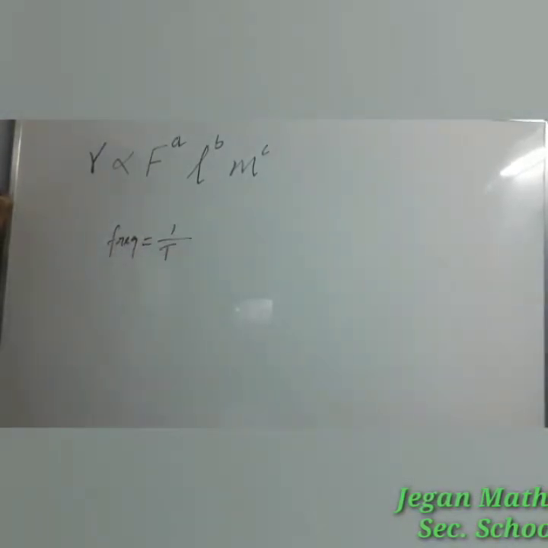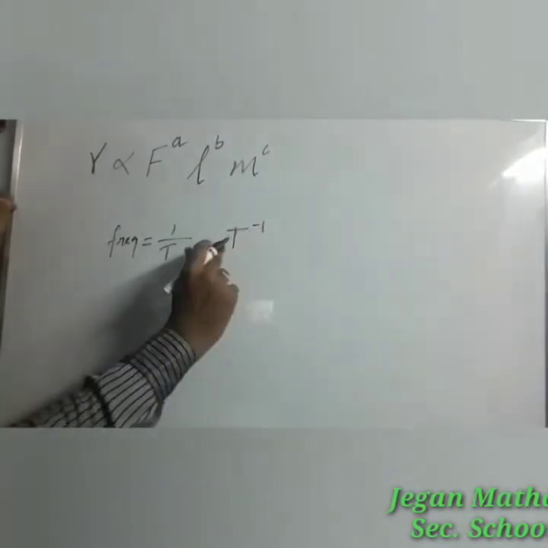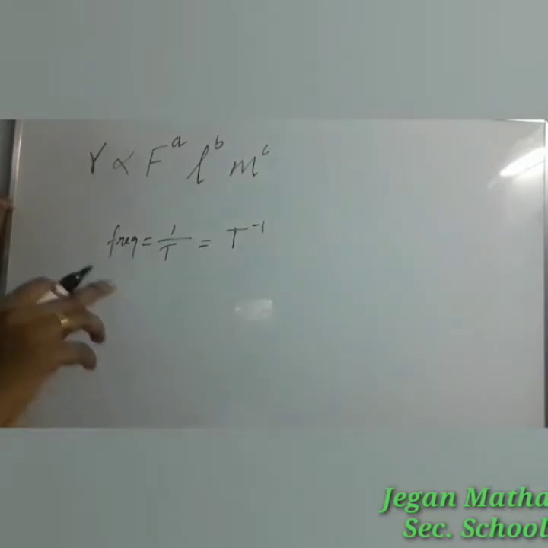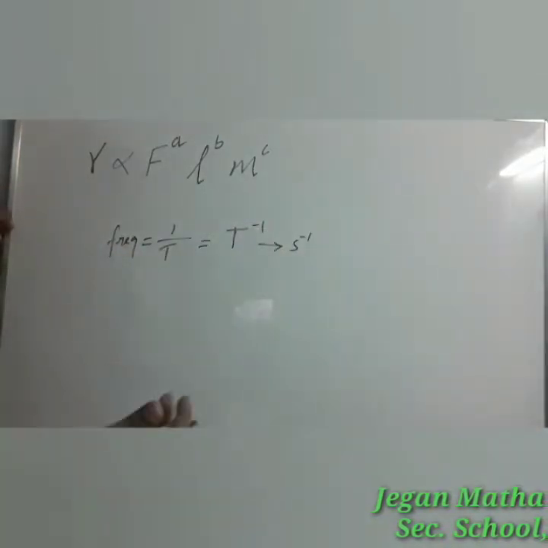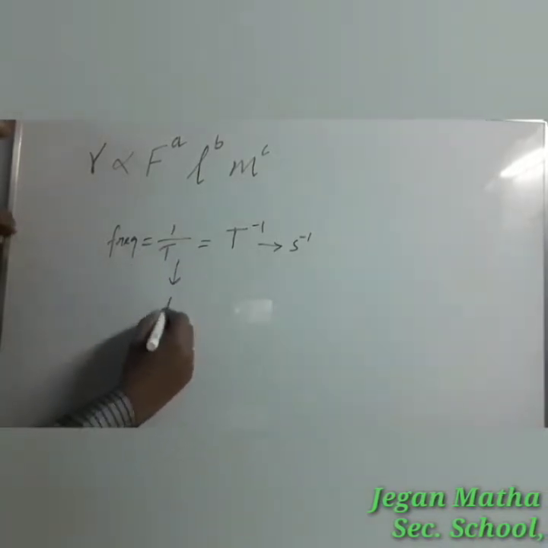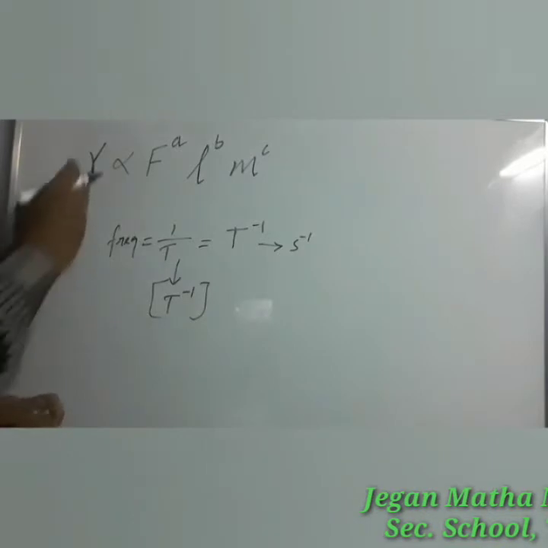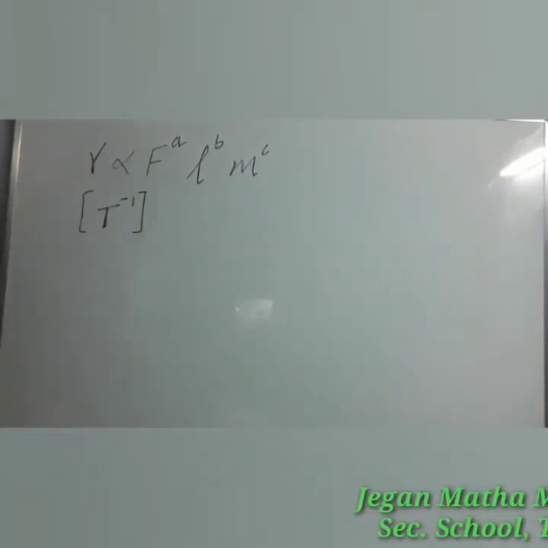That is the only formula. So the time period can be taken to the numerator, T power minus 1. What is the unit? S power minus 1. From that you can write the dimension. What is the dimension for the frequency? T power minus 1. So here you can apply the dimension of the frequency as T power minus 1.